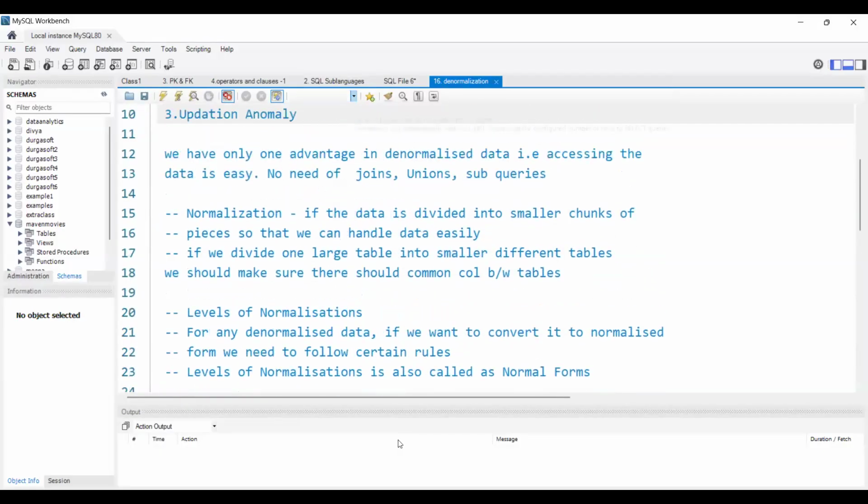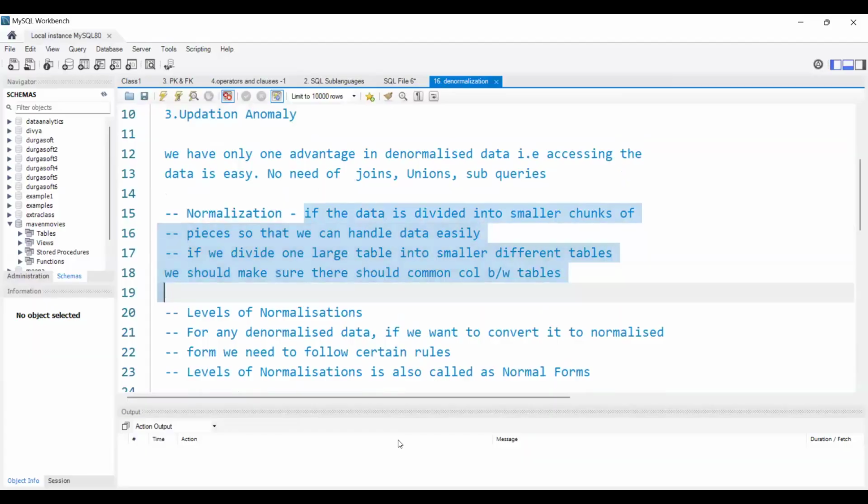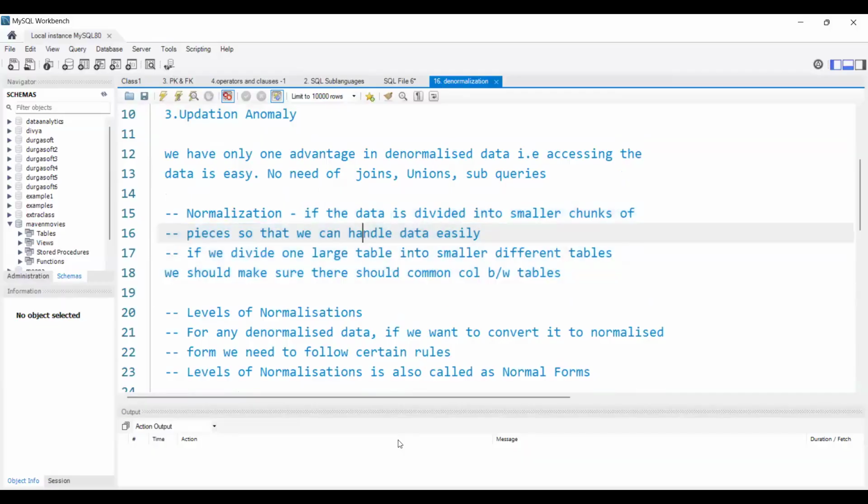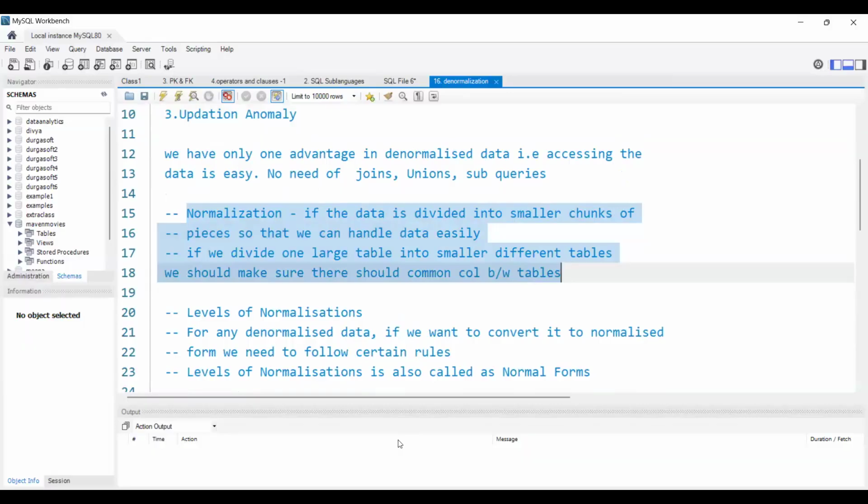Later I said normalization means that denormalized data is divided into smaller chunks so we can handle it easily. And if we divide one large table into smaller tables, we need to make sure there are common columns between them. This is the definition of normalization.